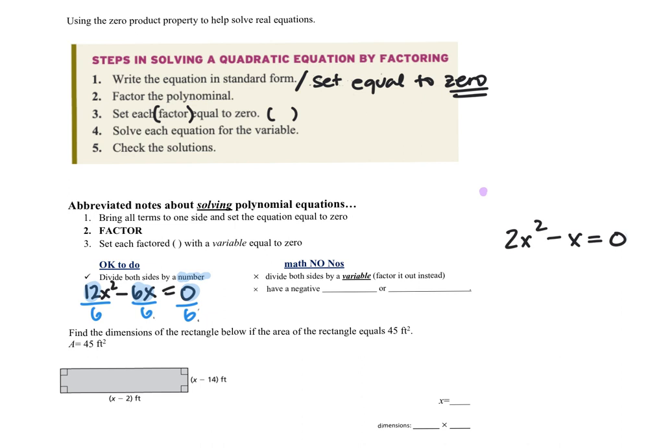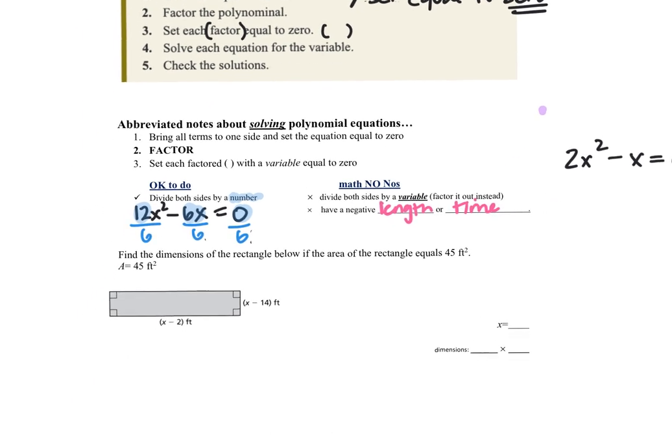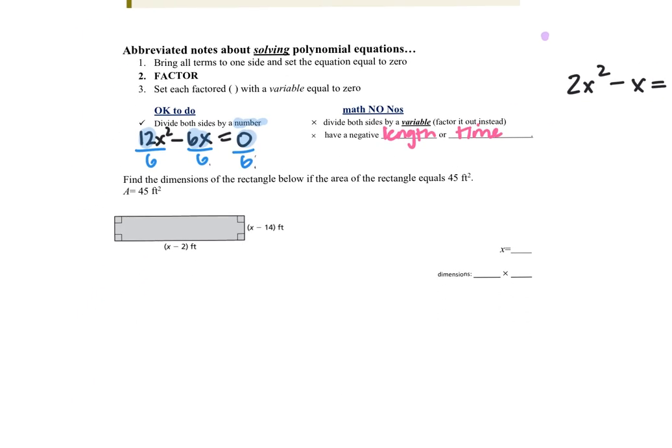The last thing that you are not supposed to do is you should not have a negative length or time, because distance and time cannot be negative. So in this case, we are going to look at this rectangle.